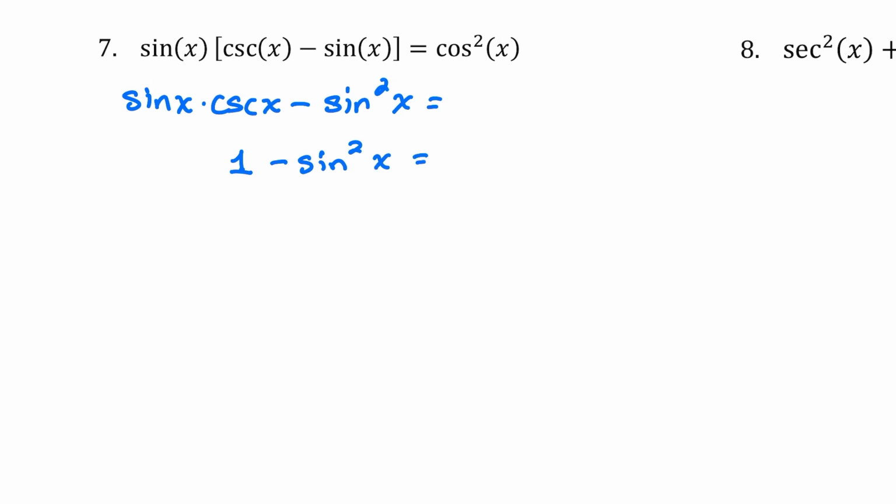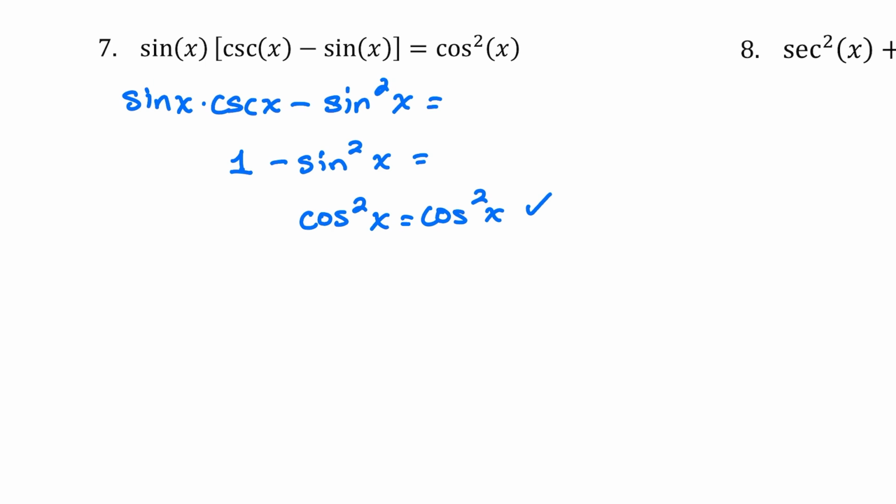What I could have done in the last problem is shown how tangent times cotangent is 1, and that would have been done. And then what do I do from here? Well, I don't need to change anything in terms of signs because it's already sine, but I can use one of those pieces in my box above that says that 1 minus sine squared of x is the same thing as cosine squared, which is the right-hand side, and I'm done. So some problems might need more work than others, or problems might be as simple as this.